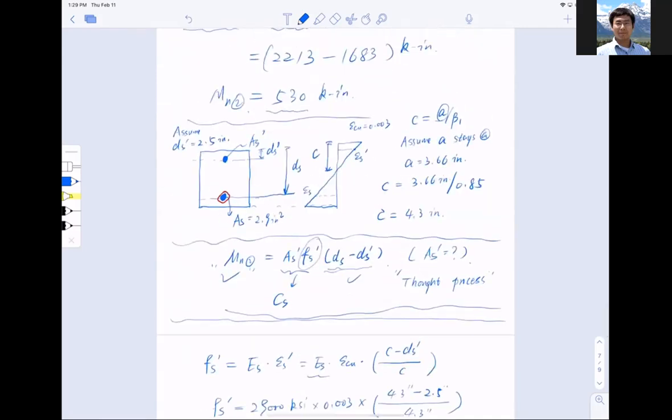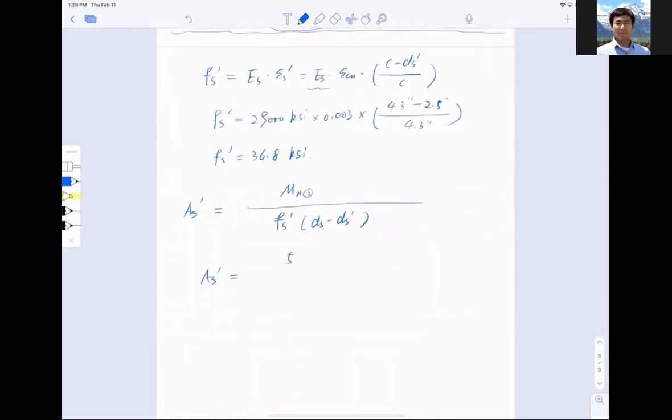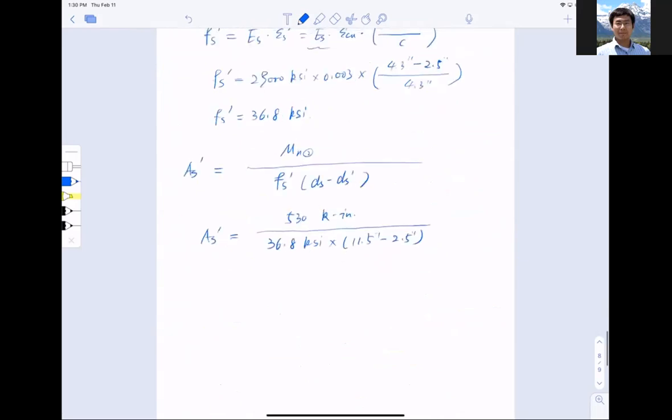Remember, 530 kips inch. I kept the unit to be inch. So 530 kips inch divided by Fs prime, 36.8 ksi, and divided by ds, 11.5 inch minus ds prime, 2.5 inch. Okay, you went through the calculation, you realize that As prime is just 1.6 inch squared.